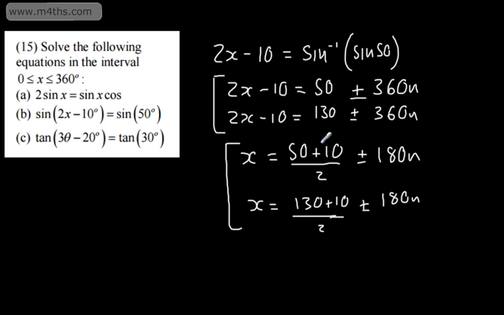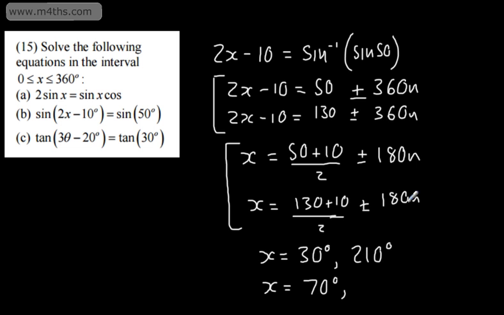So what are we going to get? That's going to give me 60 over 2, which is 30. So x is going to be equal to 30 degrees. Then another 180 on, 210 degrees. This one right here, x is going to be 140 over 2, which is 70.